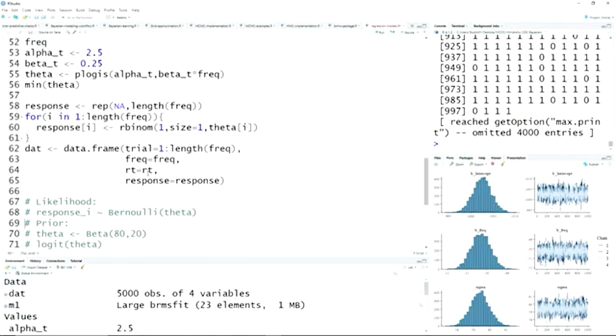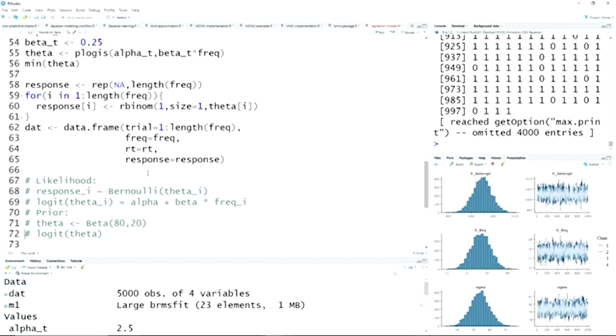Now a model is like this: Bernoulli theta i, where logit of theta i equals alpha plus beta into frequency i. Okay, so the parameters of interest are now alpha and beta, not theta. So let's say for alpha, you set up a prior.